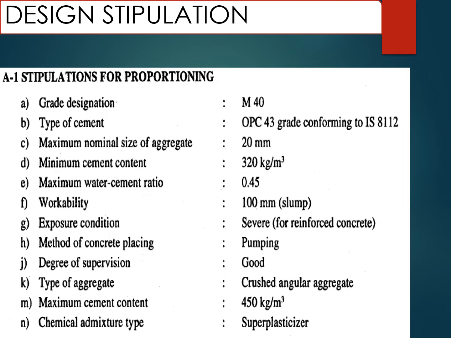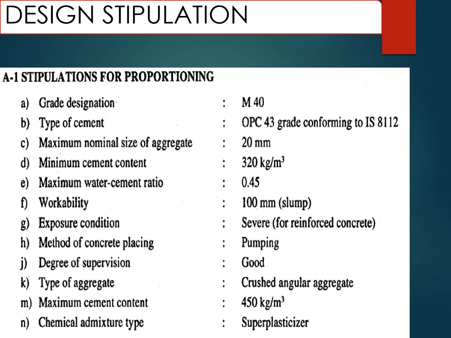For example, if you are going to design M40 grade, the type of cement available, suppose, is OPC 43 grade conforming to IS 8112. The maximum nominal size of the aggregate is 20 mm. Minimum cement content is 320 kgs per cubic meter. Maximum water cement ratio is 0.45. Workability requirement is 100 mm. Exposure conditions are severe for reinforced concrete.